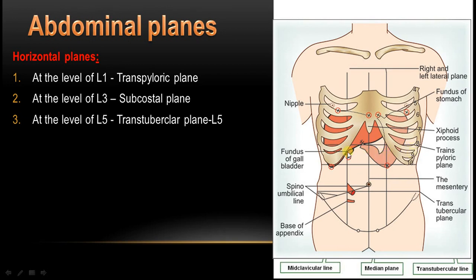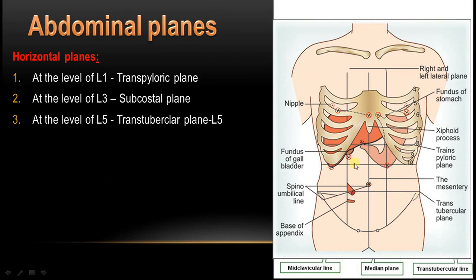The subcostal plane is drawn at the level of the 3rd lumbar vertebra, and the transtubercular plane is drawn at the level of the 5th lumbar vertebra. There are totally 5 lumbar vertebrae. So L1, the first lumbar vertebra, is for the transpyloric plane, L5 is for the transtubercular plane, and in between these two, at L3, you have the subcostal plane.